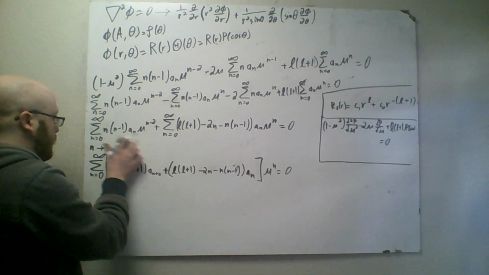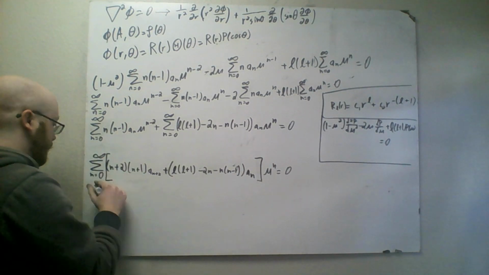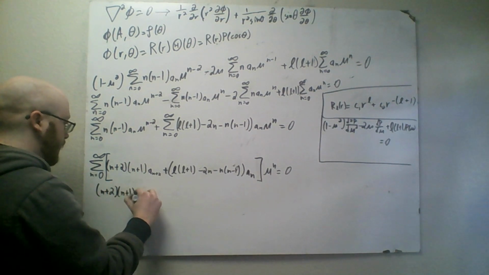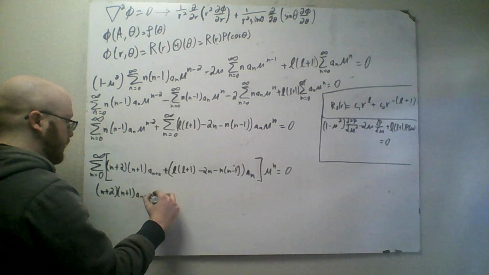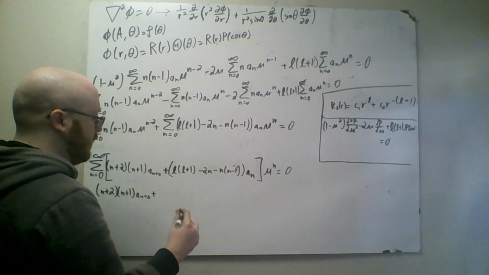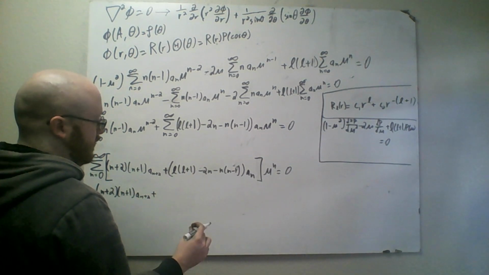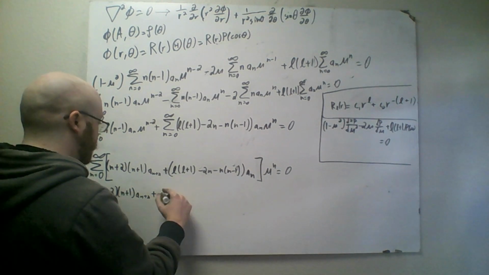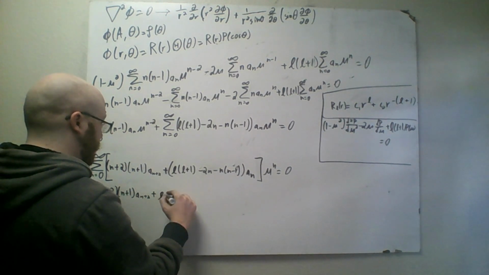So I'm going to erase this little substitution. So really we get n plus 2 times n plus 1, a n plus 2, plus, I'm going to actually expand this out because this will be a little bit nicer.